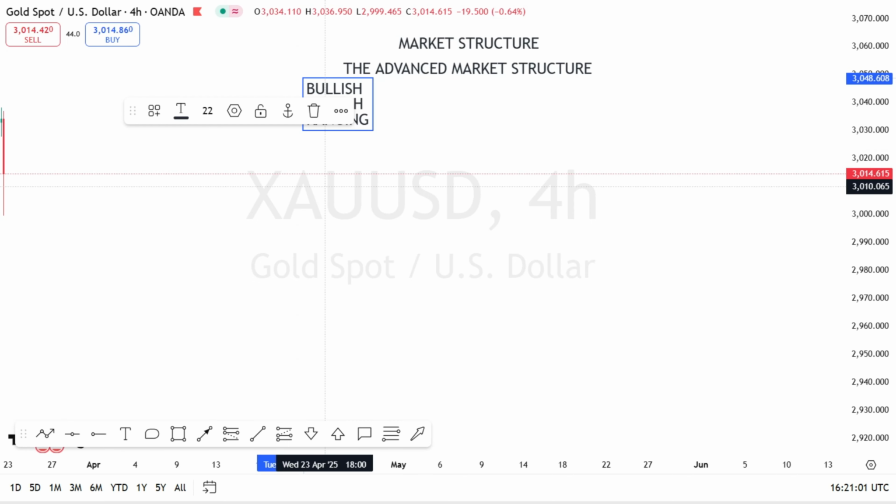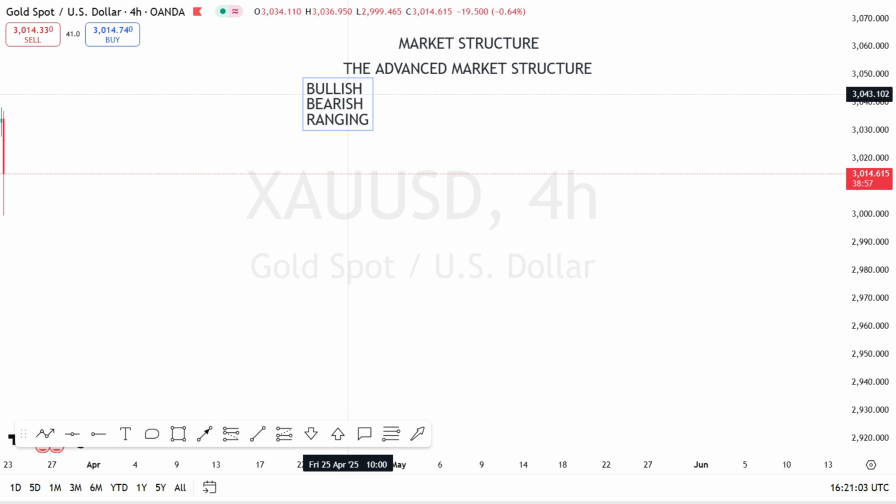Bullish market or uptrend, bearish market or downtrend, ranging market or consolidation or manipulation. All right? This is how the market moves.